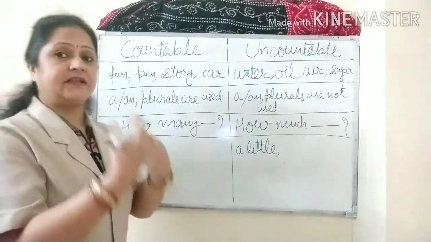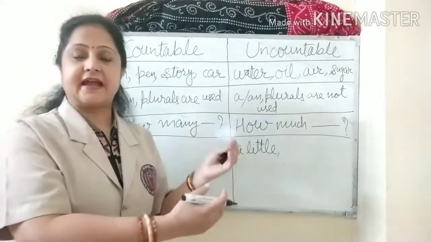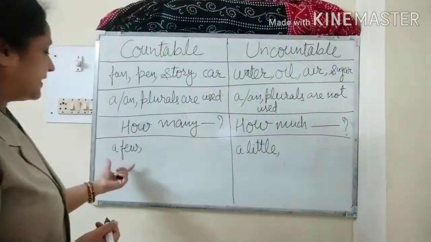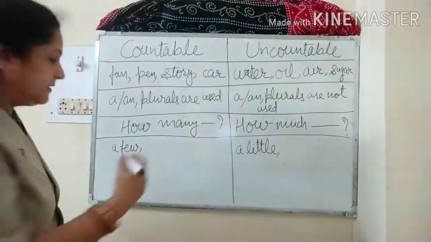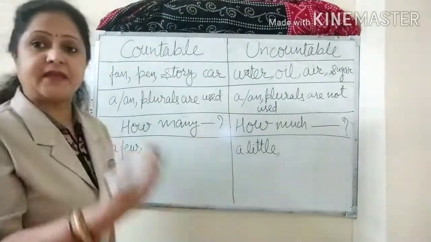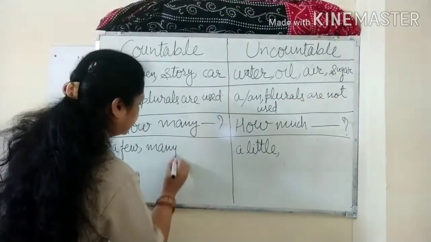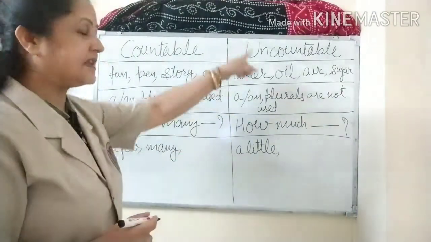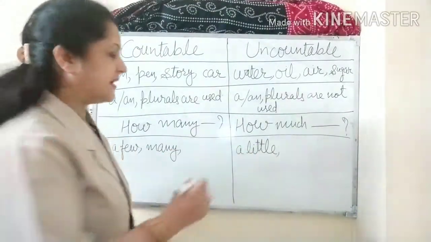But if the number is big or the quantity is big, in that case we'll say I am having many pens. There are many pens in my bag. So here we'll write many. In the same way, if the same question is asked about the quantity, we'll write much.